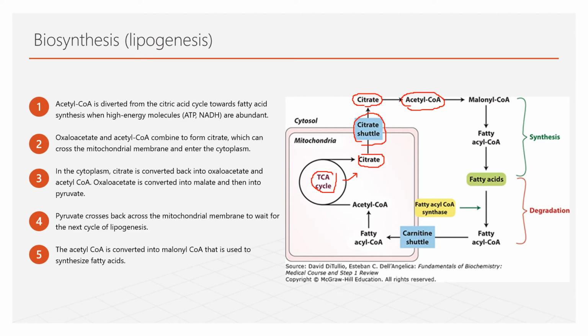The pyruvate will go back into the mitochondria and wait for the next cycle. In lipogenesis, the acetyl-CoA will be converted to malonyl-CoA and go through a series of processes to be synthesized into fatty acids. This is what happens in the biosynthesis of fatty acids.